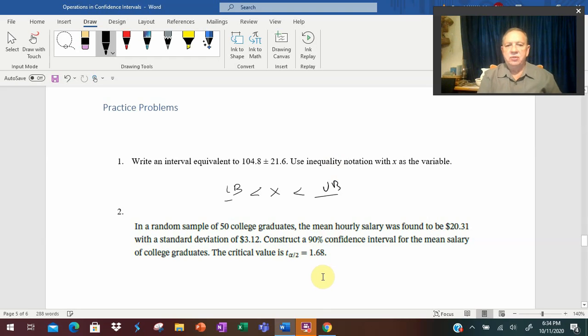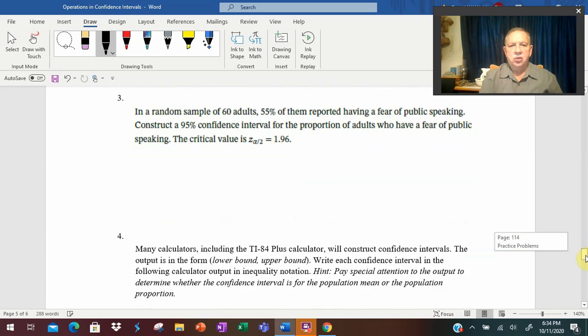Here you're actually going to have to calculate it, construct a 90% confidence interval for the mean. And then I'm going to look around here and say, does it say anything about the population standard deviation? No. If it's given, use it and use the z-table, but if not, we're going to use the t, the student's t. So I think this is enough to get you started.